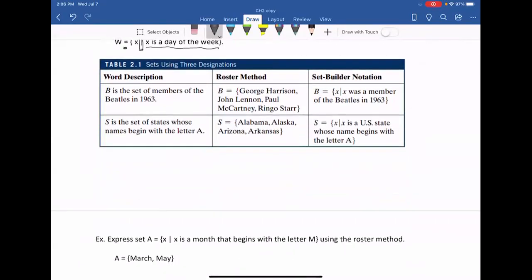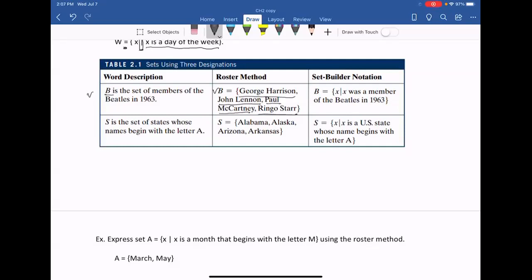Okay, here are 2 examples. First example: using the word description, B is the set of the members of the Beatles in 1963. Using the roster method, B is George Harrison, John Lennon, Paul McCartney, and Ringo Starr.